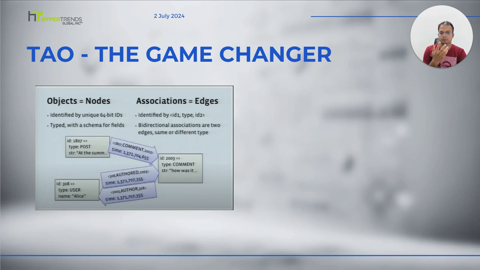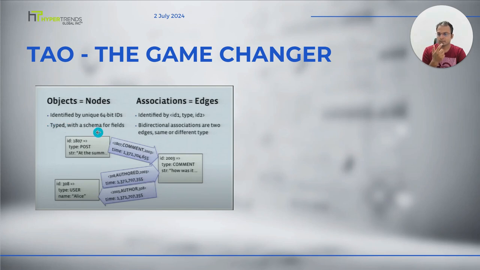Facebook, or some fellow there, presented this, and I took this. So basically, objects are nothing but the nodes, we can say, and associations are nothing but the edges, right? Objects are identified by a unique 64-bit ID. So there will be one ID for each and every object, and that is unique, right?